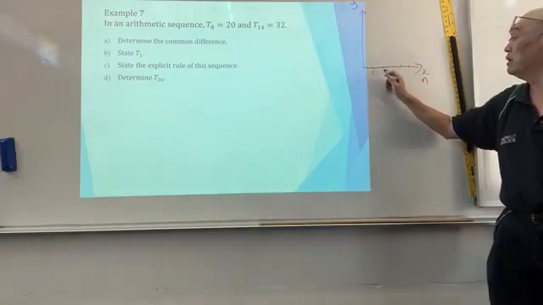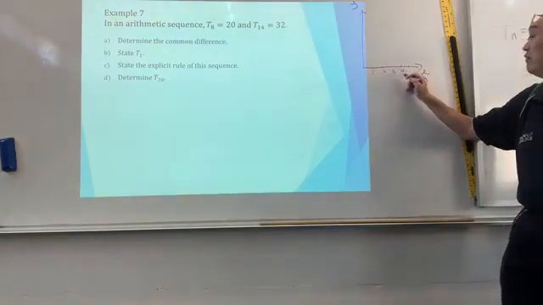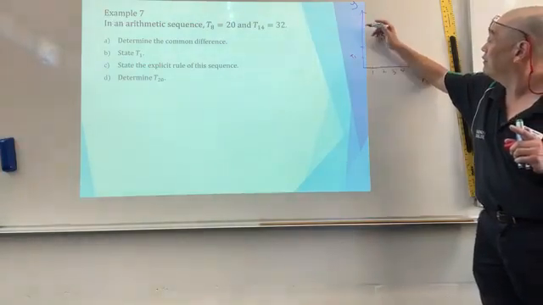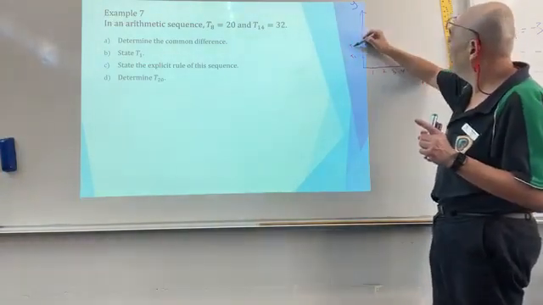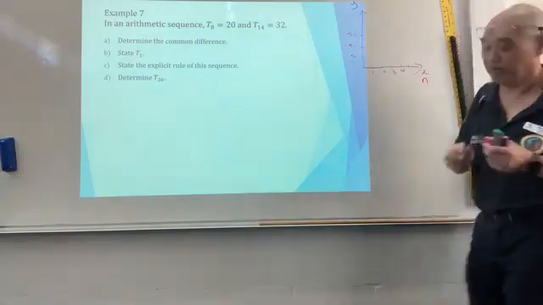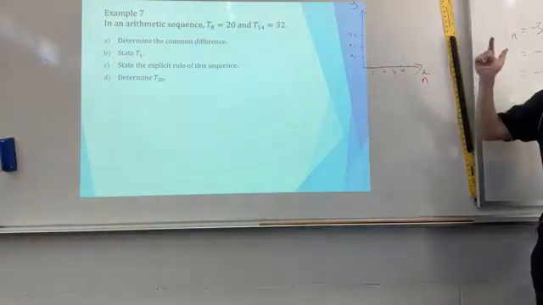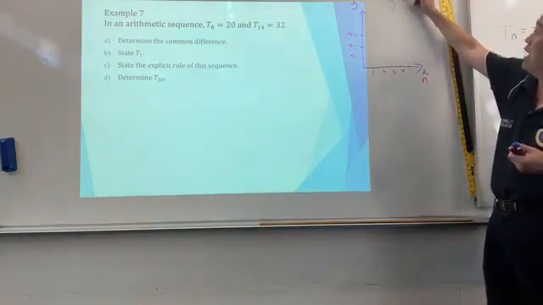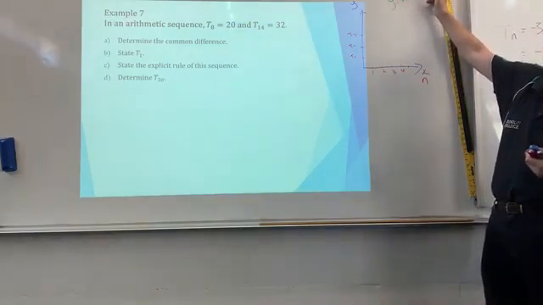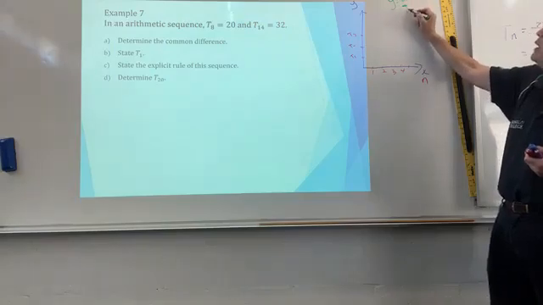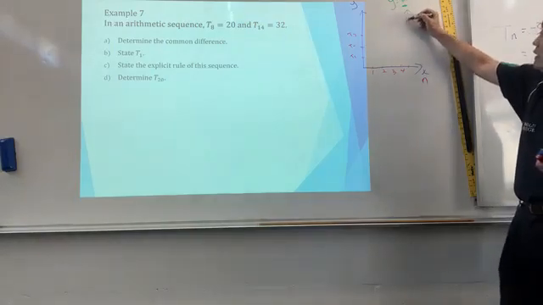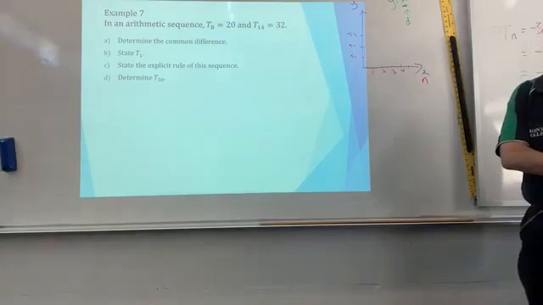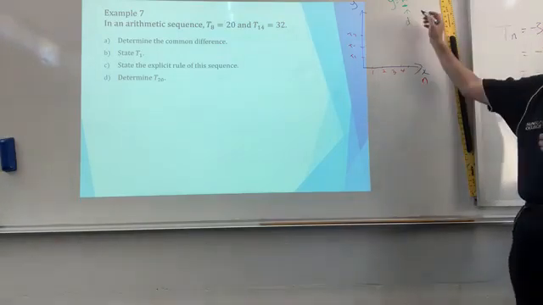This is 1, 2, 3, 4. This is T1, that is T2, T3 and so on. Now think about it in relation to y equals mx plus c. M here is actually the difference.